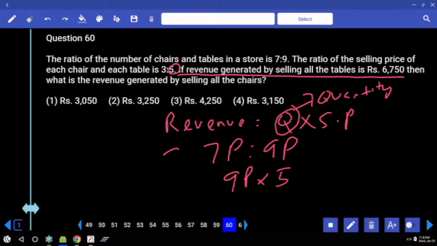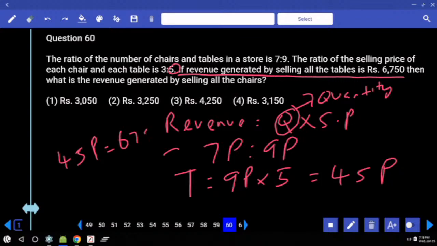And 9 parts into 5, revenue is what? 45. This is revenue for tables. And 45 parts is equal to 6750. That means each part is what? How much does it come? 15.